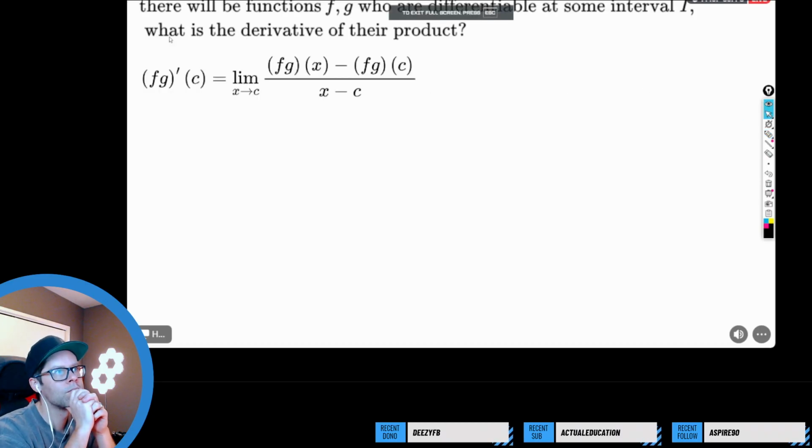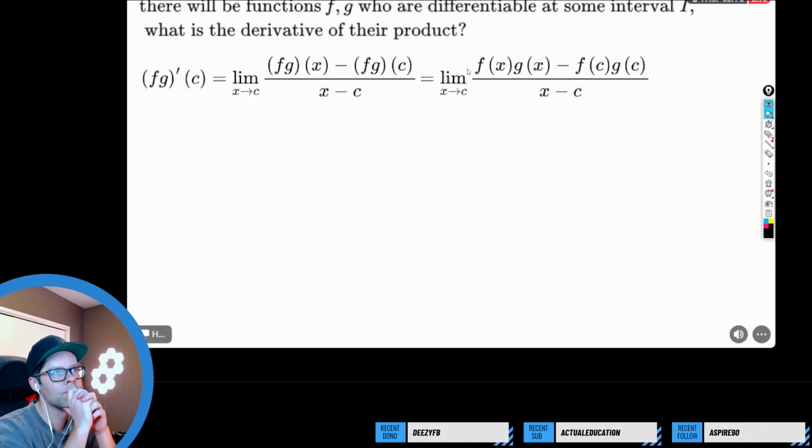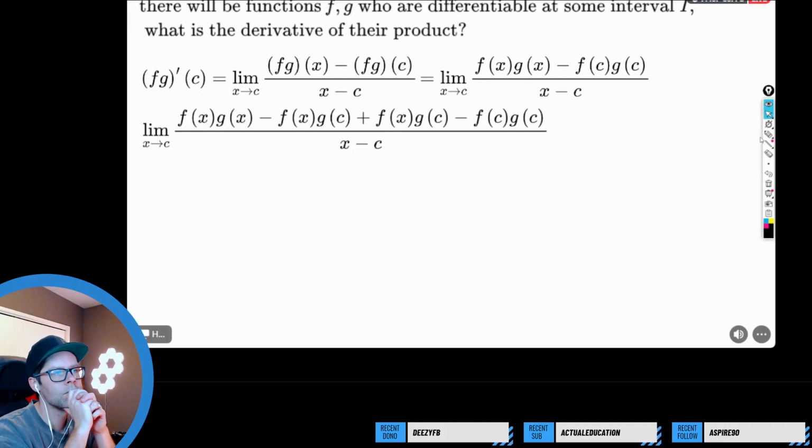So for the product, we can first write the limit, and now we will end up with this. Now this is a little bit more complicated, because in the end we want to pull out some f of x minus f of c and g of x minus g of c, which we can actually do by adding and subtracting this.